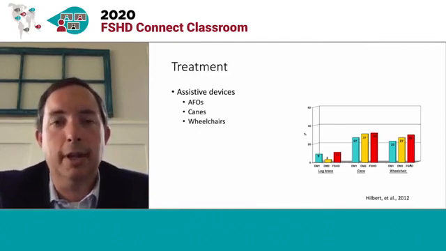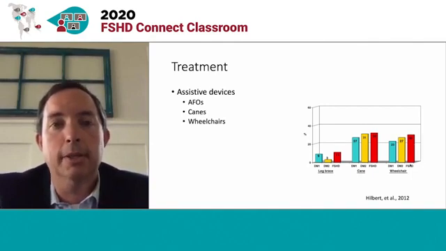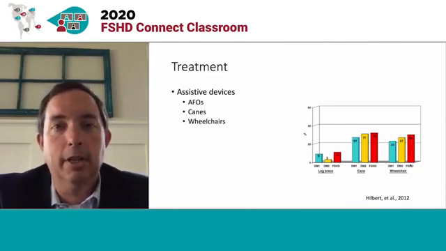So it's not like you get a diagnosis of FSHD and need a wheelchair the next day. It is commonly needed, particularly later on in the progression. And like I said at the beginning, depending on the genetics, there may be other factors that would promote the earlier progression and need for a wheelchair versus later use.